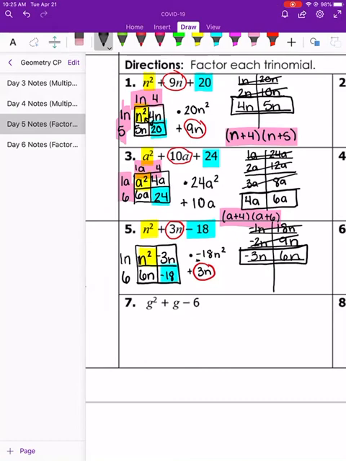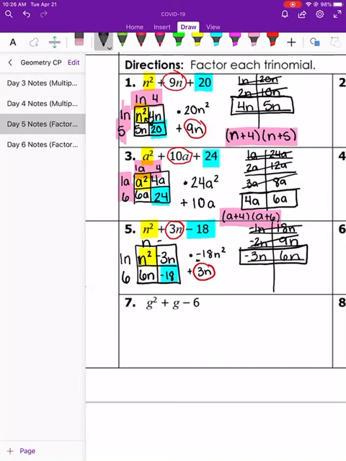So on my first column, I have n squared and 6n. So the biggest thing I can take out is that n, just one of them. And then I have a negative 3n and a negative 18. Well, they're both negative, so I know I can take out this negative right here. And then I have a 3 and an 18.